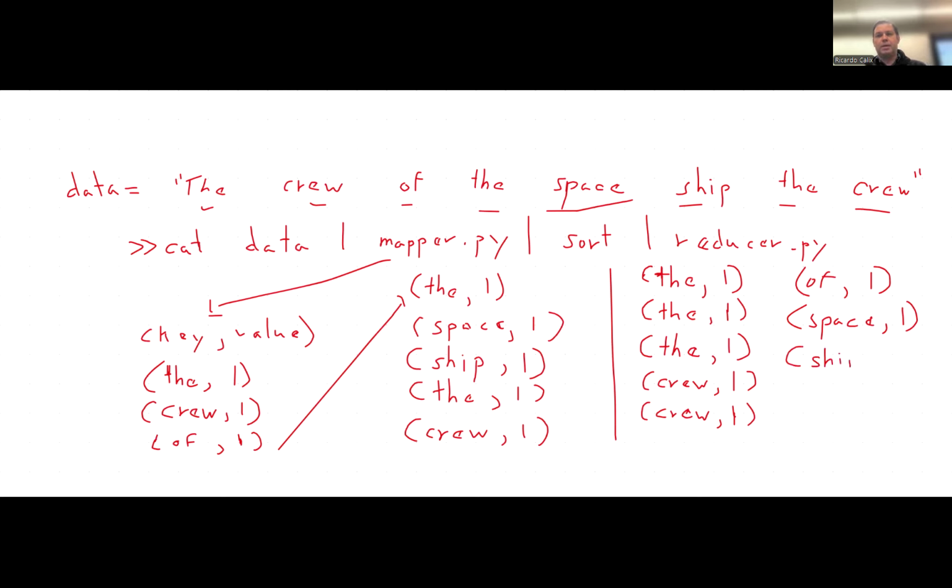That's it. So that's the input. This is the output from sort that becomes the input to reducer.